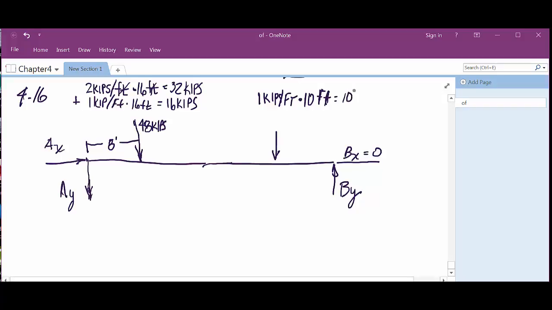So that's 10 kips. And that distance then would be, if we went from A, that would be 16 plus 5, wouldn't it? 21 feet. Okay, that's one way you could look at it.